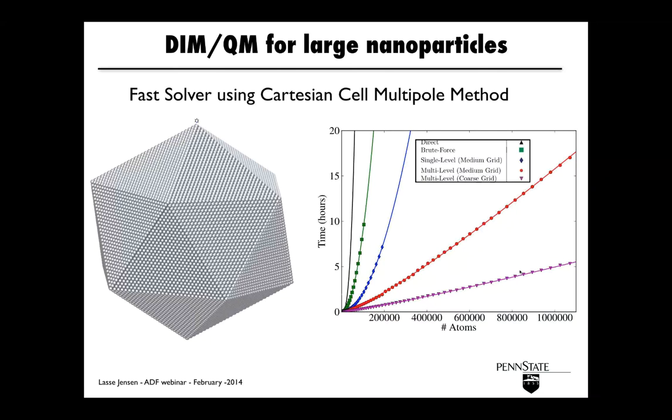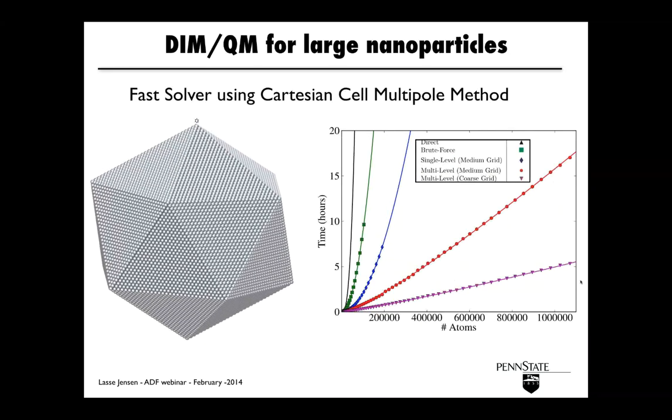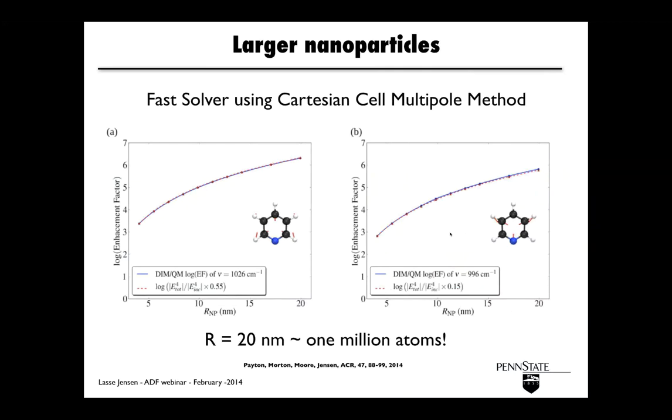But you can see that in the far range you actually get close to a linear dependence for these large systems. But again, the time scale is large for systems above 100,000 atoms, and these simulations become time-consuming to do. But you can do simulations up to about 1 million atoms.